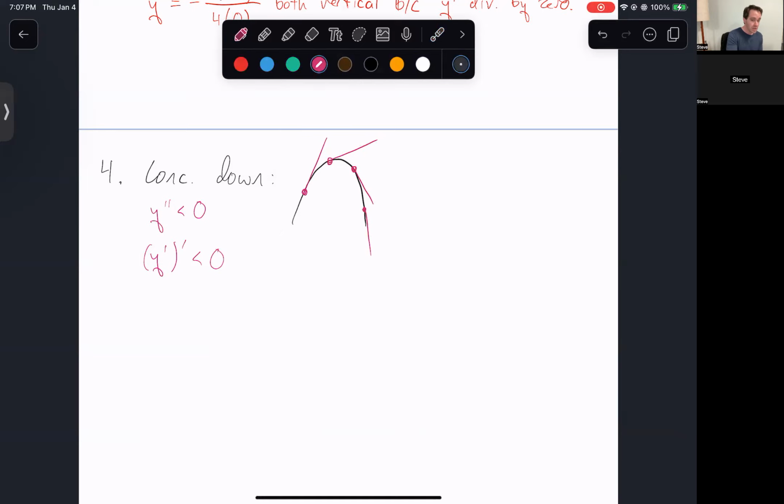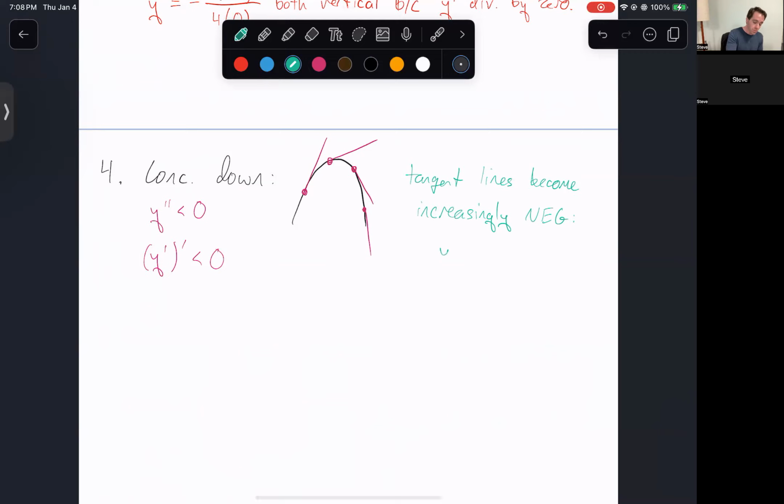So the reason that this is the shape of a concave down graph is that tangent lines become increasingly negative. Now that means that the rate of change of the derivative must be negative, right?